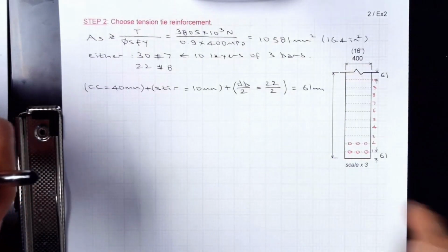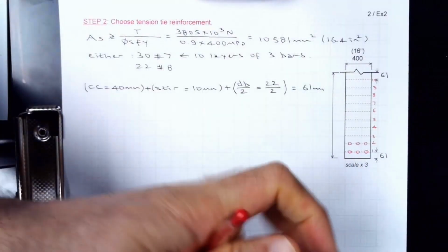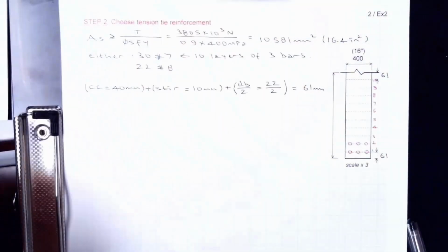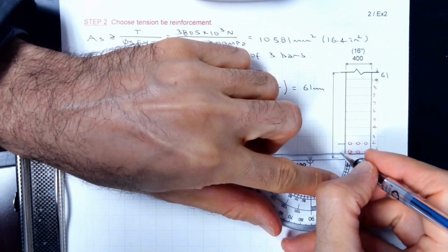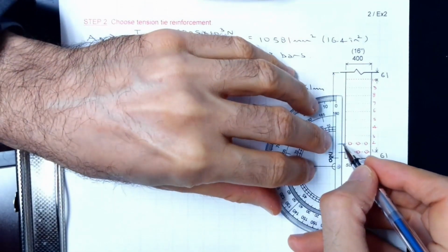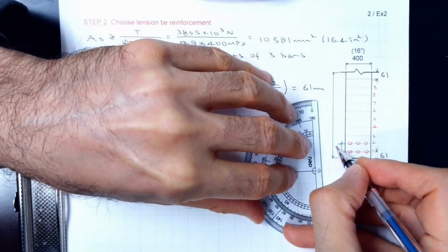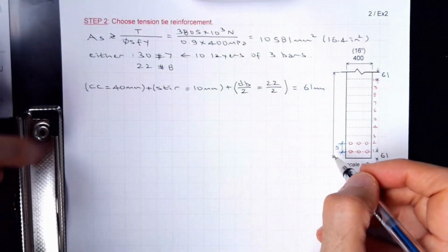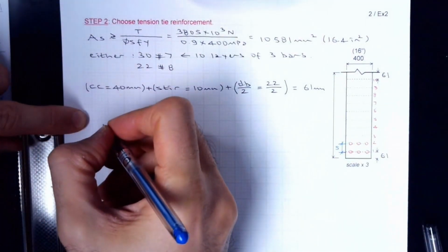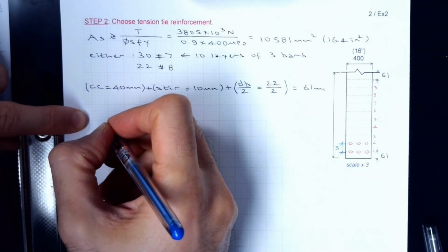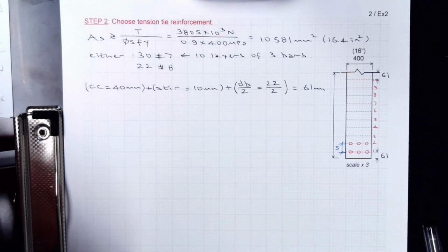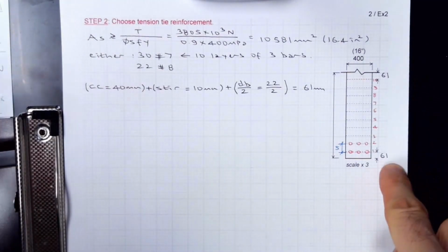I want to make sure that I'm not below minimum spacing. So there's a limit with bar spacing. So let's check before we start. So the spacing would be this one, S. So 61, 61, right?